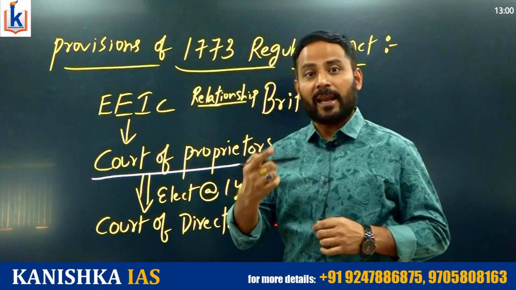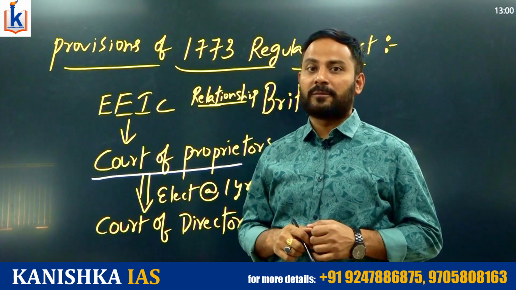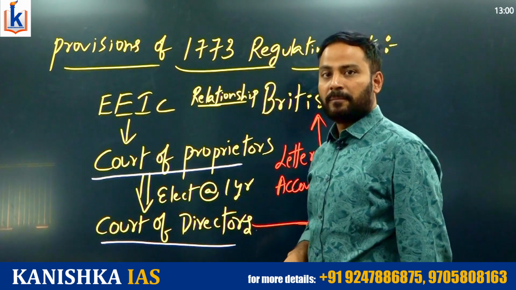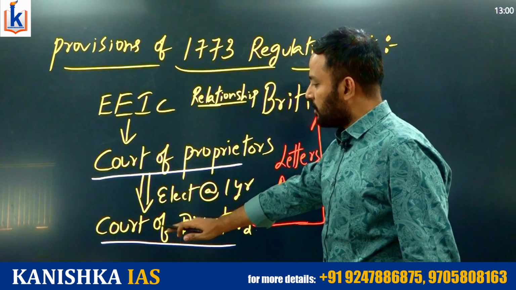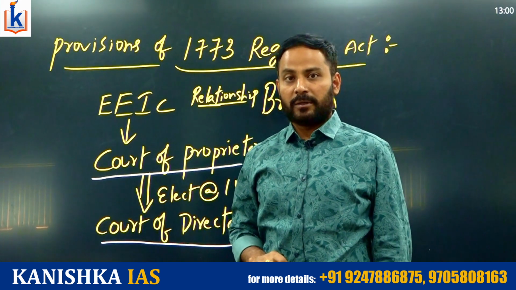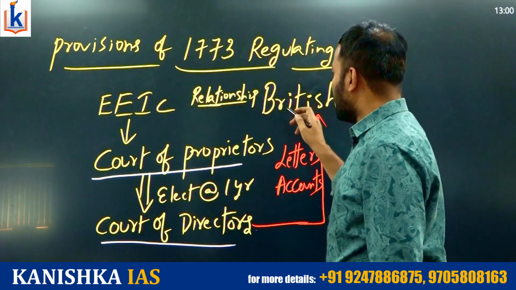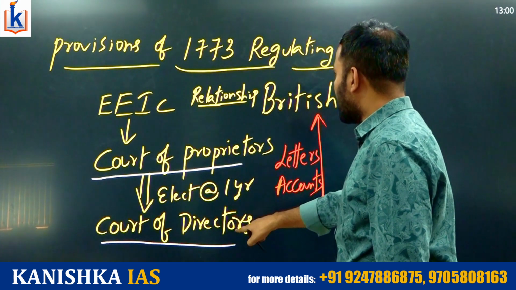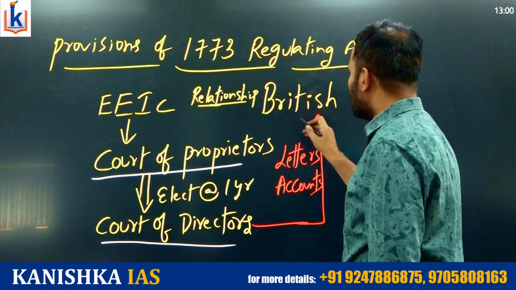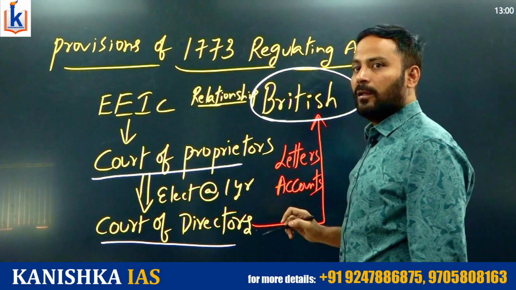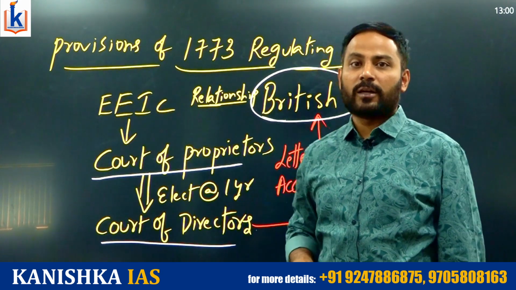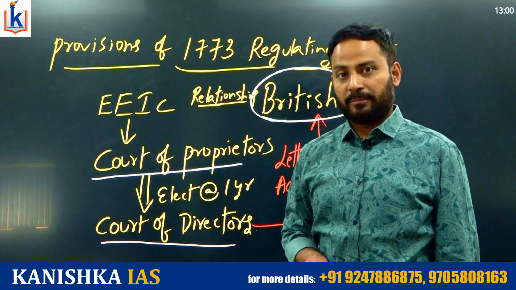That's why they elect directors for 1 year, and these directors are called the court of directors. Now, the court of directors supervise the day-to-day affairs of the English East India Company. So here this act says that these directors have to submit their letters and company accounts to the British government. That is how the British government tried to regulate the affairs of the English East India Company.